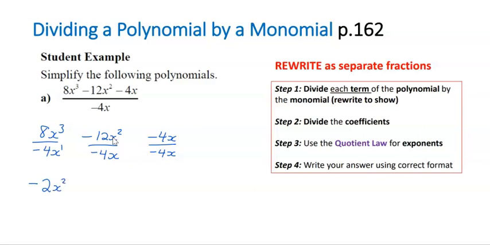For the second term, negative 12 divided by negative 4 is a positive 3. x to the 2 minus 1 is just x.